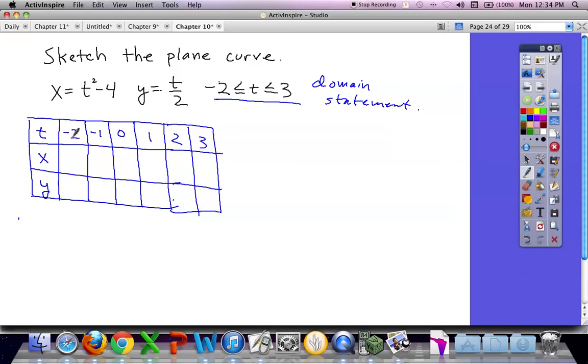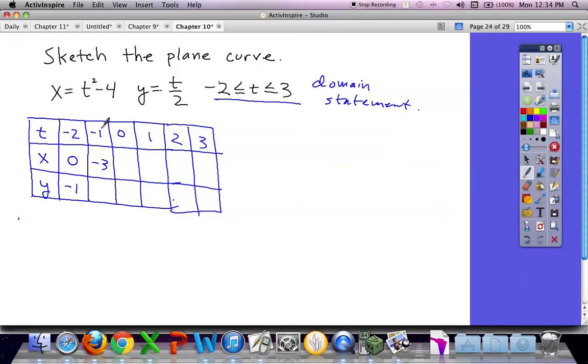Right? If I put in t is -2 here, what is the value of x? 0. Right? If I put t is -2 here, what is the value of y? -1. Okay. How about if I plug in t is -1? It'd be 1 minus 4, -3.